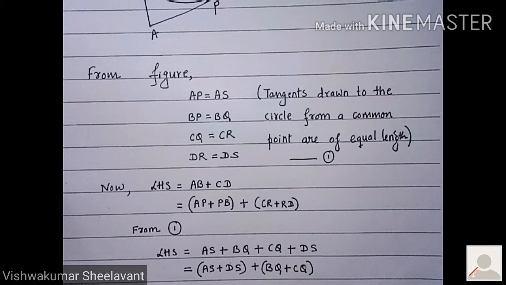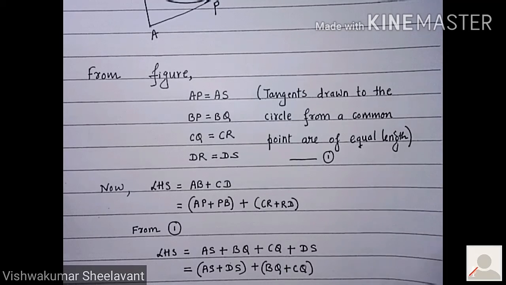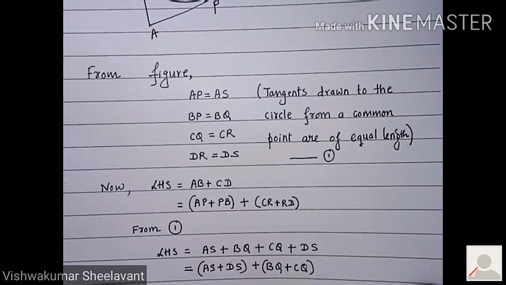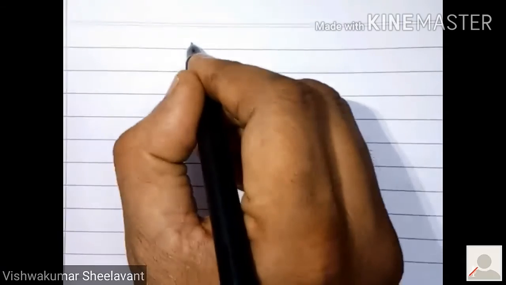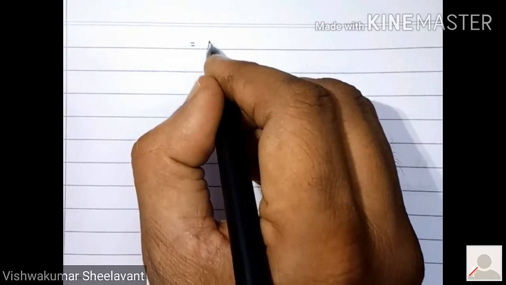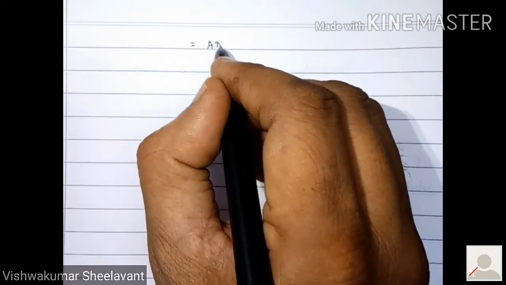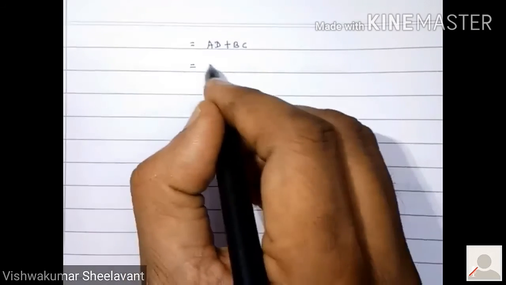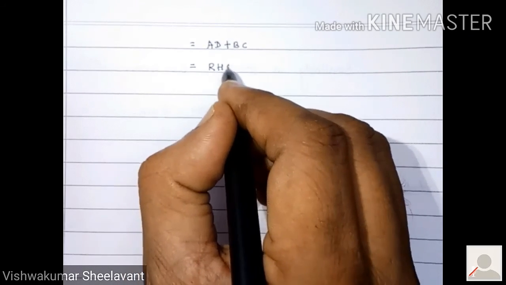Which means LHS will be equal to RHS. So on the next page I will write AD plus BC. Have you all copied this last line? So AD plus BC, that is equal to RHS.